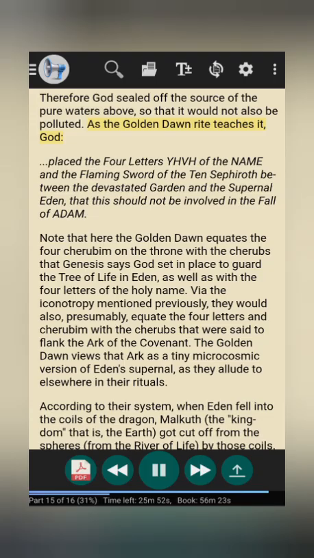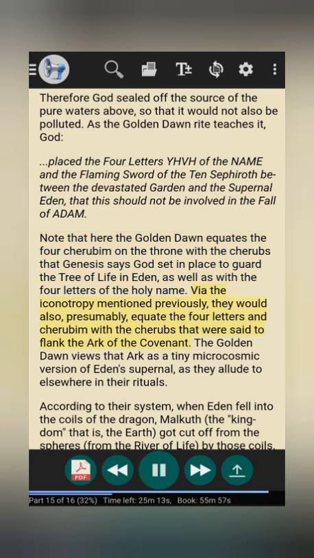As the Golden Dawn Rite teaches it, God placed the 4 letters YHVH of the name and the flaming sword of the 10 Sephiroth between the devastated garden and the supernal Eden, that this should not be involved in the fall of Adam. Note that here the Golden Dawn equates the 4 cherubim on the throne with the cherubs that Genesis says God set in place to guard the tree of life in Eden, as well as with the 4 letters of the holy name.